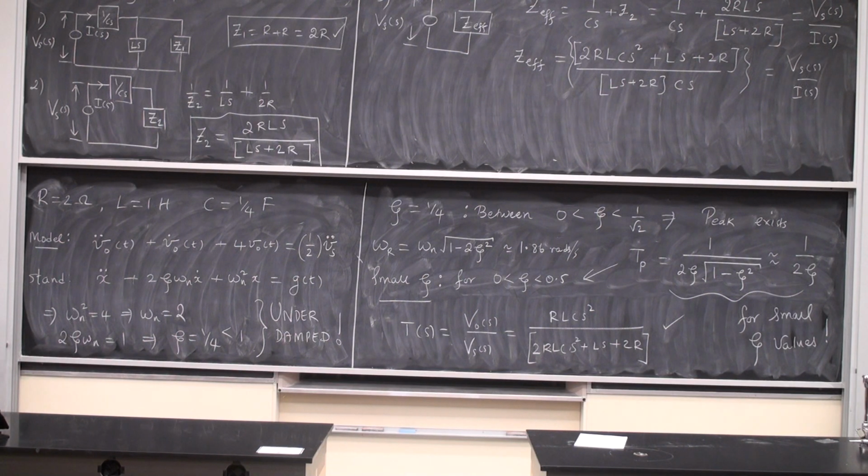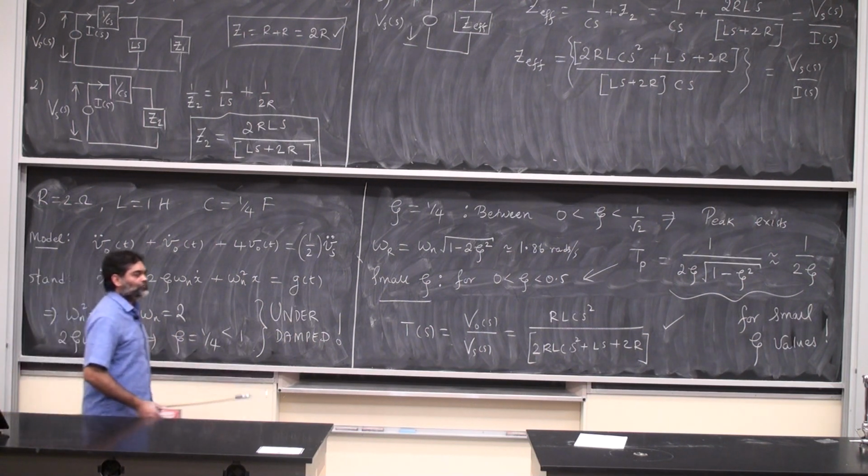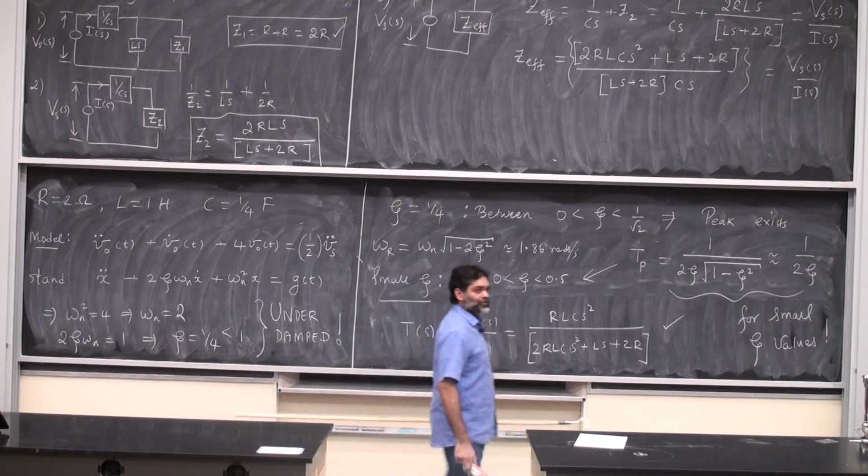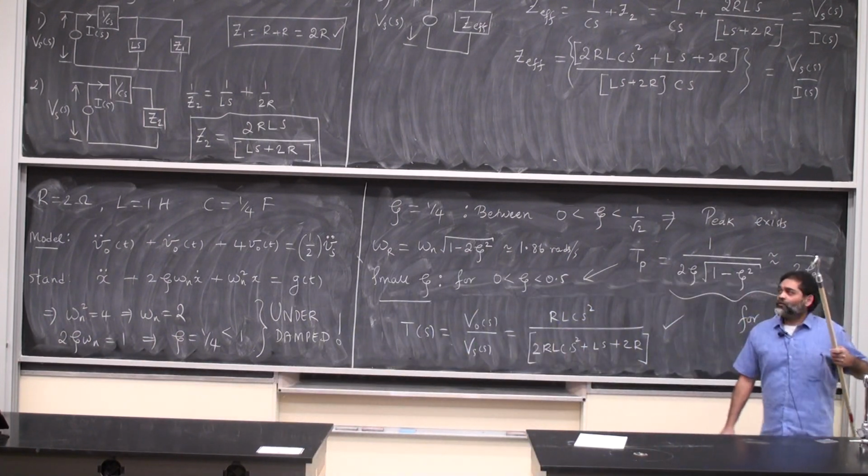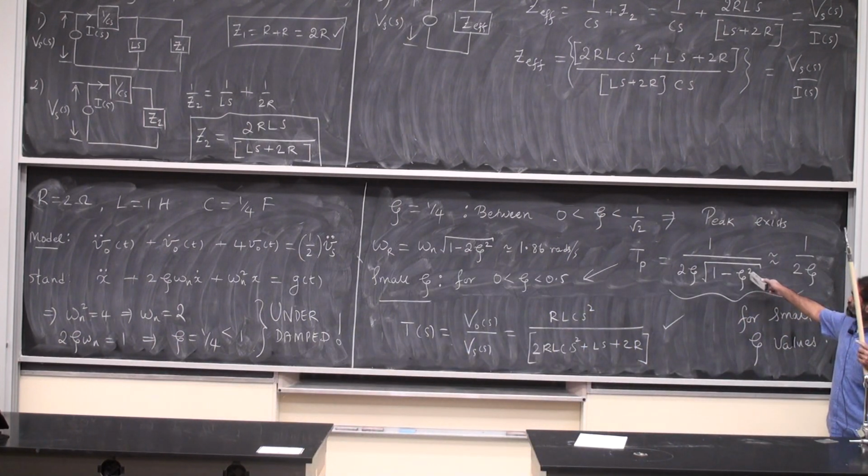Yes, question. After you change your formula, because you add the 2, would the system still go to infinity? Oh yeah, obviously. That doesn't make any difference. What if zeta was 1 by square root 2 though? Yeah, obviously. The system response will not go to infinity at 1 by square root of 2. That depends on whether you have damping or not. At 1 by root of 2 is the largest value that you get, typically.